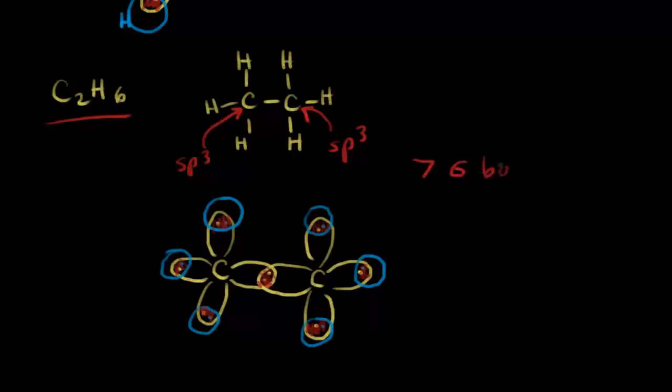So 7 sigma bonds here. And we can go up here to this dot structure and look at them again. So here's 1, 2, 3, 4, 5, 6, and then 7. 7 sigma bonds. Let's focus in on the bond between the 2 carbons now. So this sigma bond right in here. So that's a sigma bond. And there's free rotation about this sigma bond.